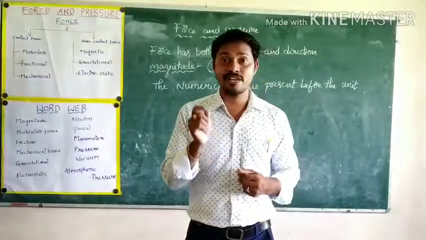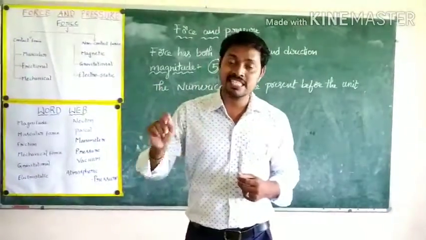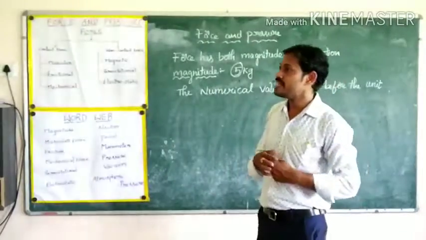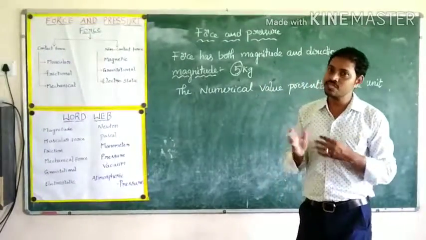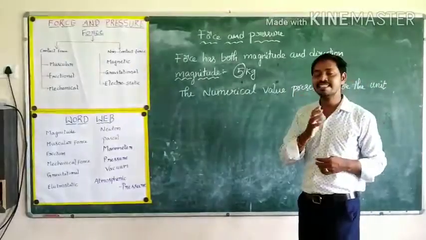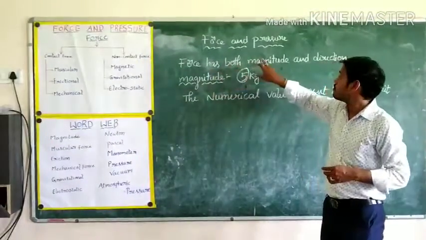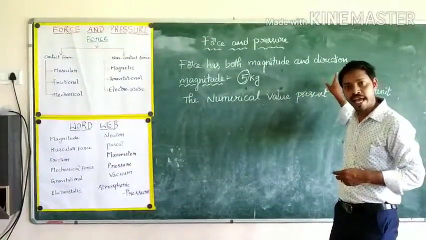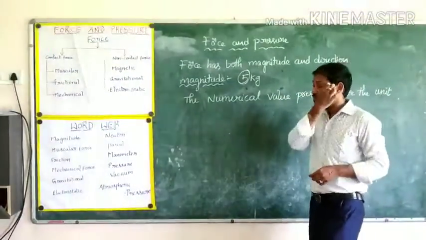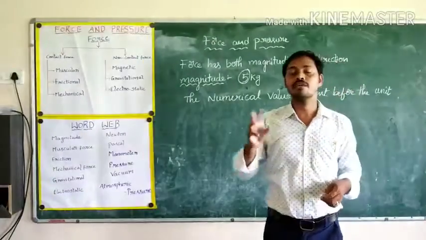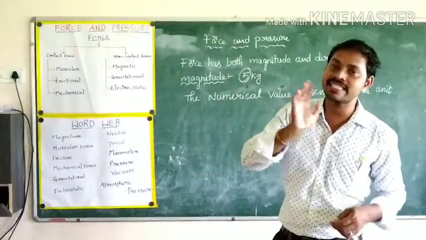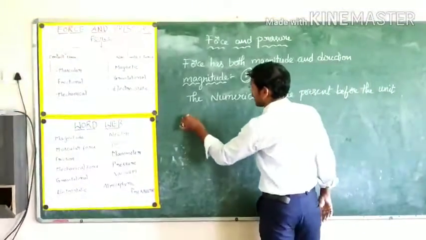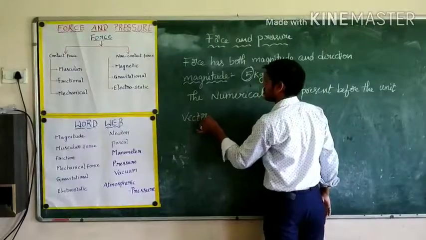By observing these things, we can easily say that force has both magnitude and direction. So, a physical quantity which has both magnitude and direction is called a vector quantity.